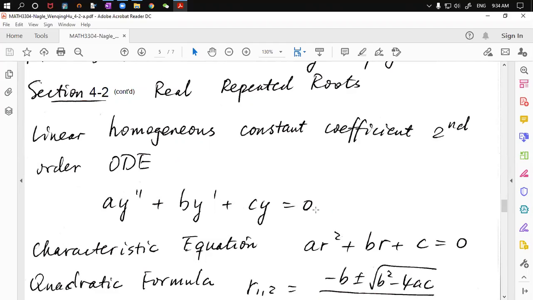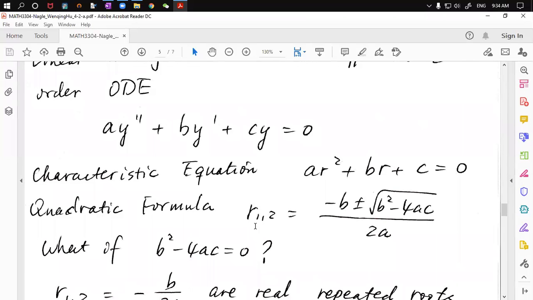You inherit the coefficients a, b, c in front of y and its derivatives into a polynomial, ar squared plus br plus c is equal to 0. As long as you have that, you solve for the solution by the quadratic formula.